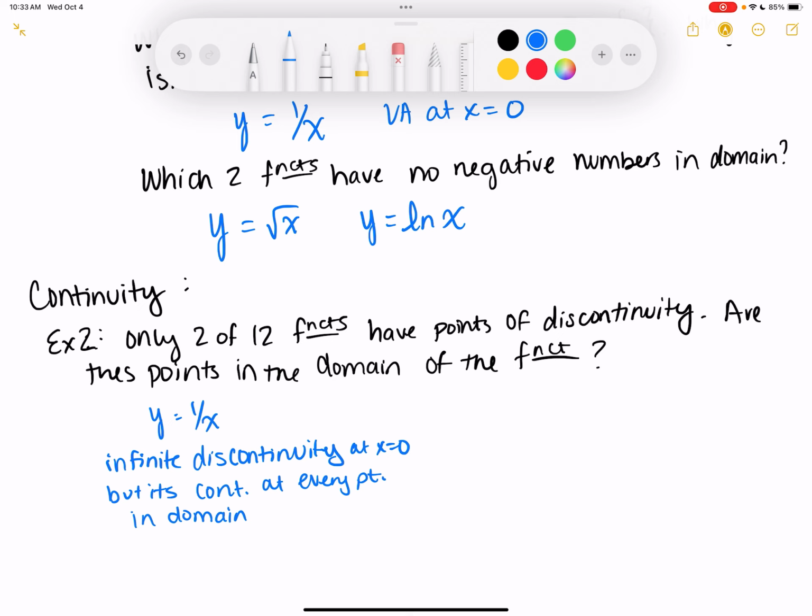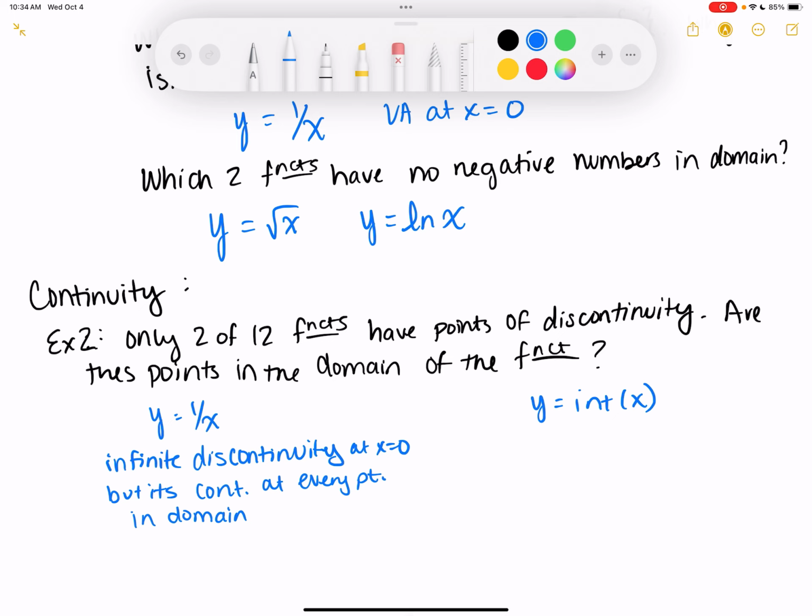So out of the 12, we've already taken 1 away. Any idea what the other one that's got points of discontinuity is? Yep. So y equals int of x, which we've typically called in the past a piecewise function, but they call it the greatest integer function. It's also known as a step function.